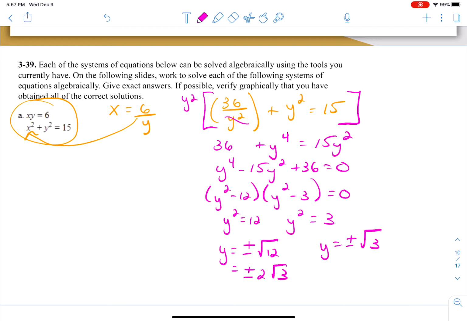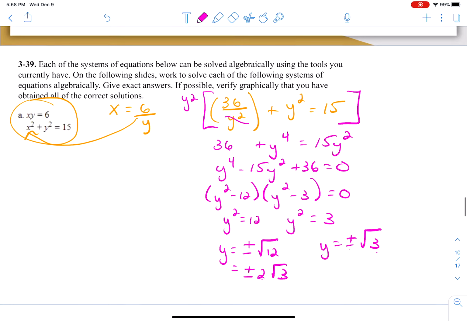So I'm going to have lots of solutions to this problem because I need to plug positive 2 square root of 3 in for y, negative 2 square root of 3 in for y, positive square root of 3 in for y, and negative square root of 3 in for y.